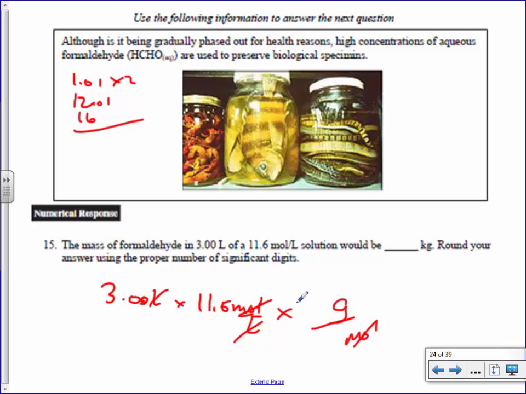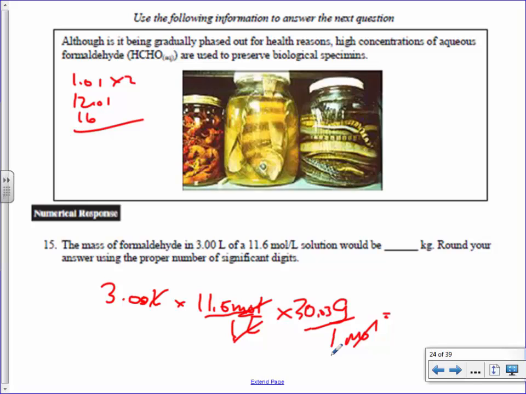Thank you. Save me some time there. 30.03. Times this, times that, times this. If you wanted to, you could divide by 1, I guess, because it is like moles per 1 liter, grams per 1 mole. But the dividing by 1 is kind of redundant.